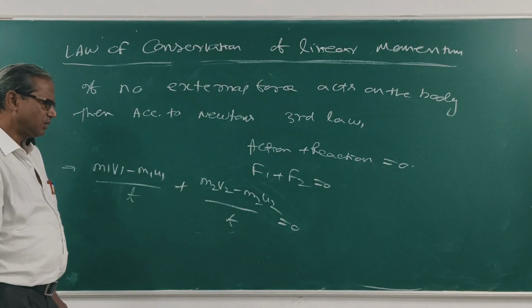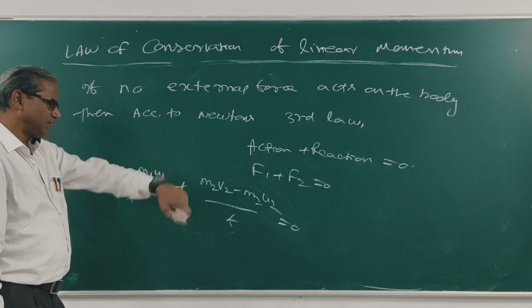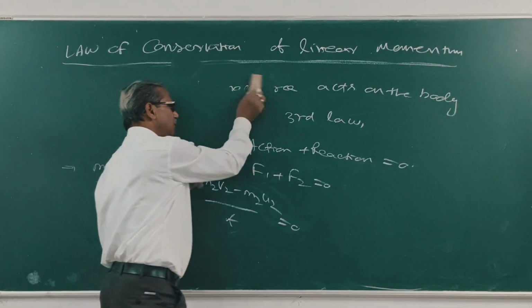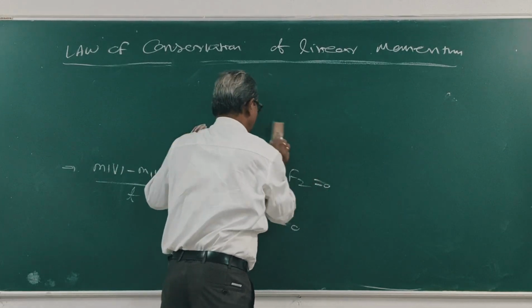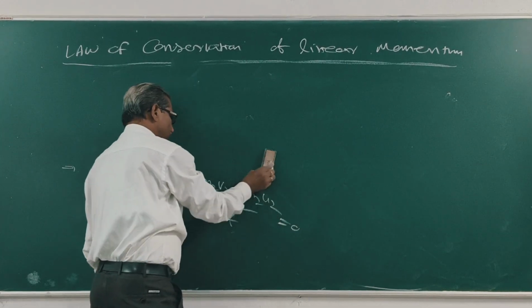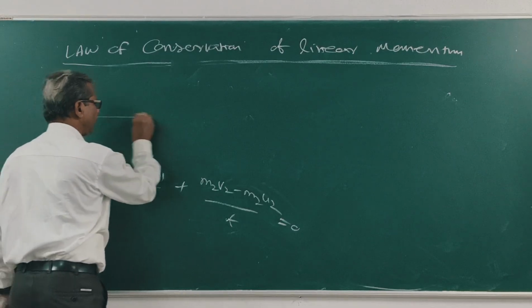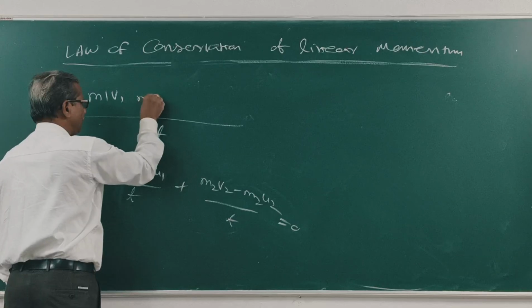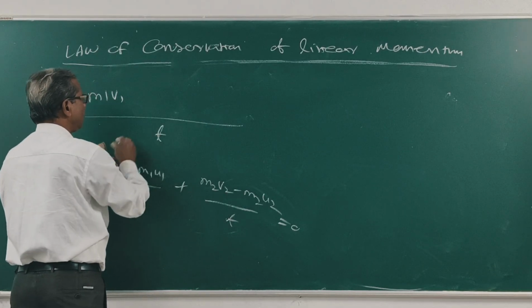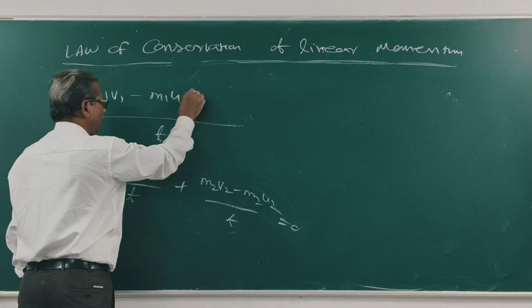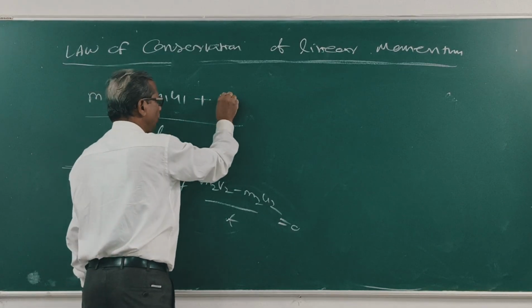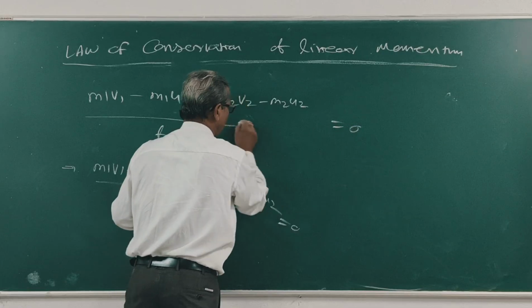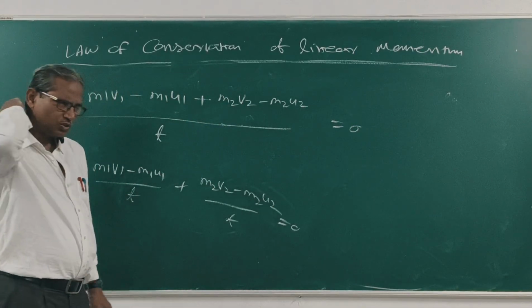Clear? So take LCM t: m1 v1 minus m1 u1 plus m2 v2 minus m2 u2 is equal to 0, since 0 times t equals 0.